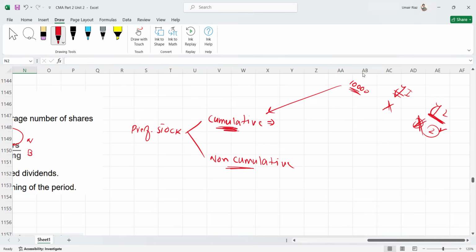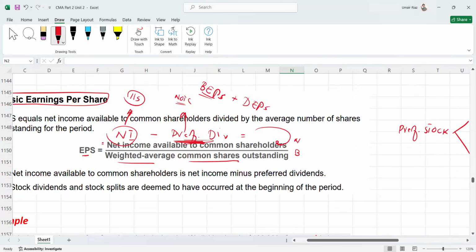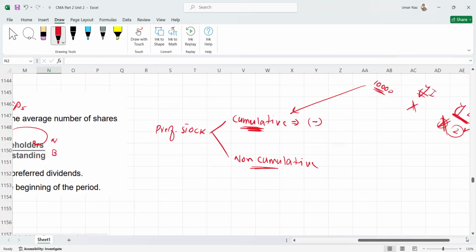Please remember, guys, if preferred stocks are cumulative, we have to deduct the preferred dividend in the numerator, even if it is declared or not declared by the board of directors.